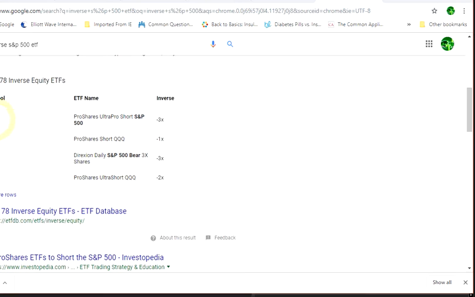So here they are. You get the XPU, which is a minus 3x. Now I would stay away from the multiple, the minus 3. I trade the SDS sometimes, which is a minus 2.